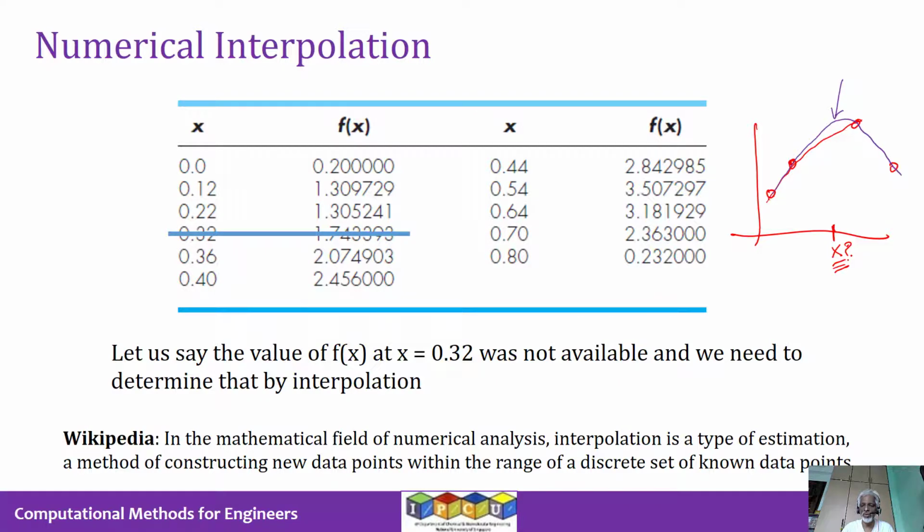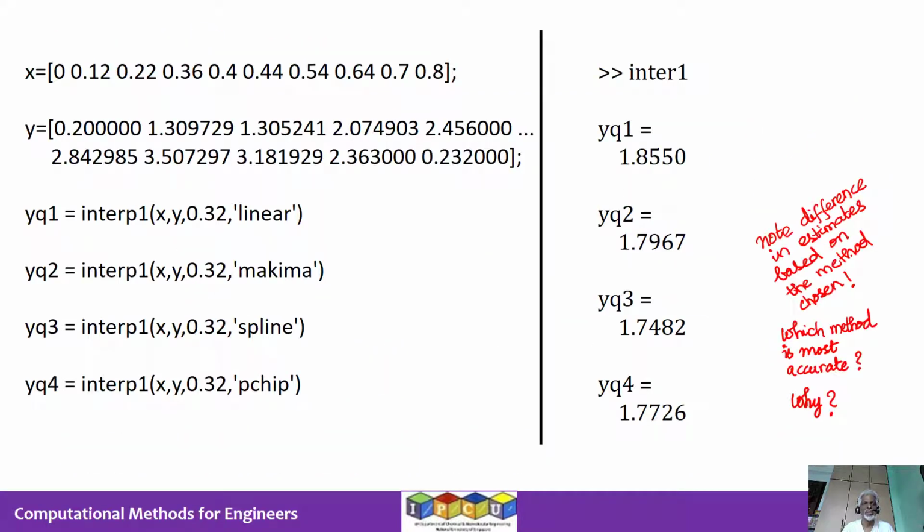Now, people have gotten smarter and they use what are called spline functions. So when we come to this part of the course, we will discuss these spline functions, or they use something called piecewise cubic interpolating polynomial, or what is called p-chip, right? So piecewise cubic Hermite interpolation polynomial.